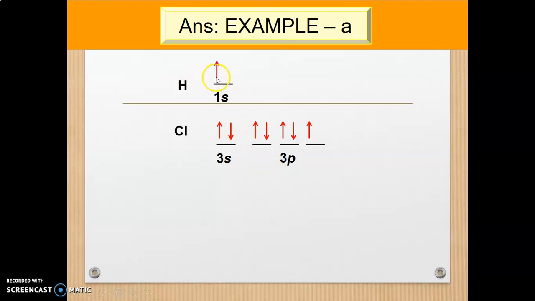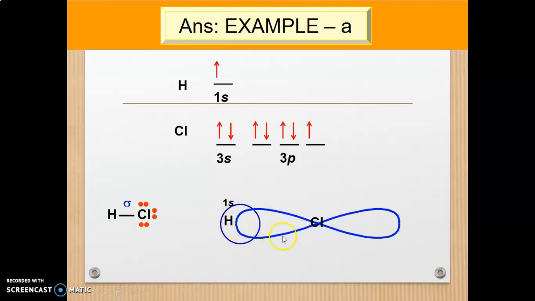So hydrogen has one single electron, chlorine also has one single electron. So 1s will overlap with 3p to form sigma bond. Hydrogen is 1s orbital, chlorine is 3p orbital. So they share electron.